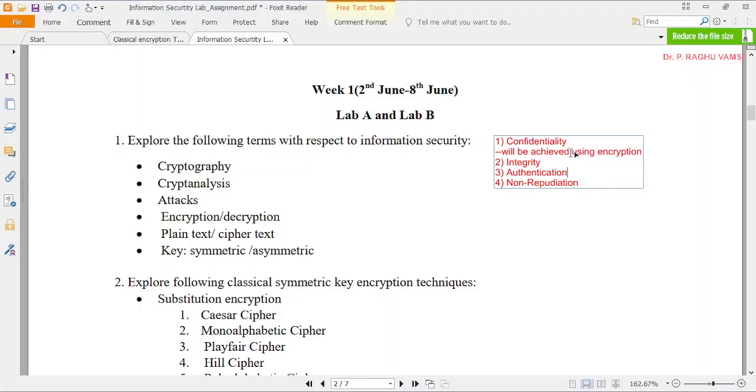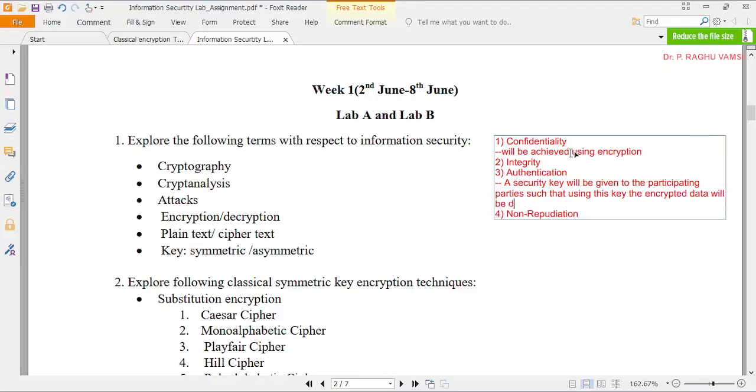While coming to authentication, a security key will be given to the participating parties, such that using this key, the encrypted data will be decrypted.